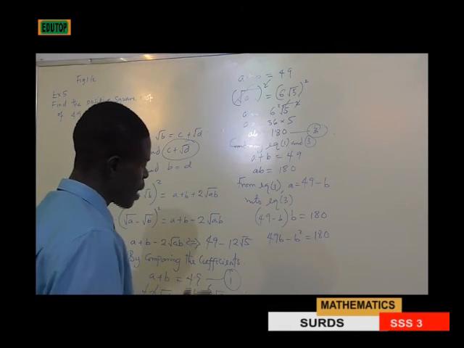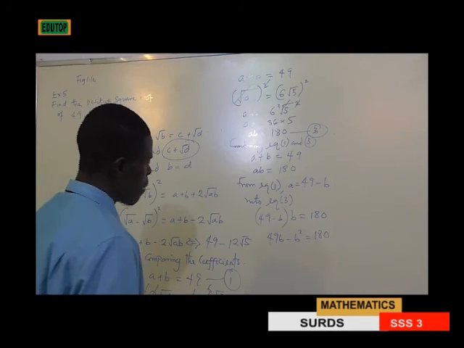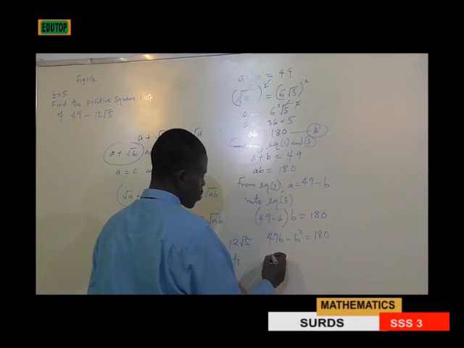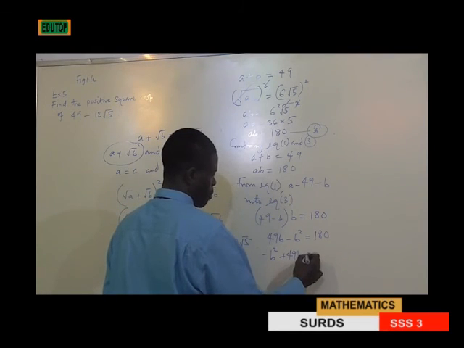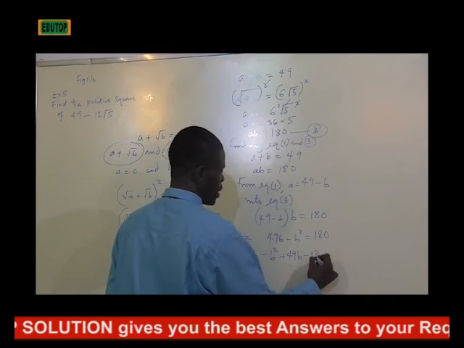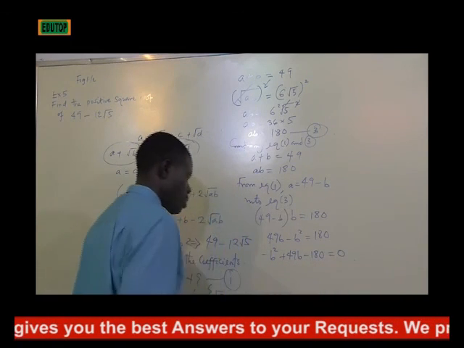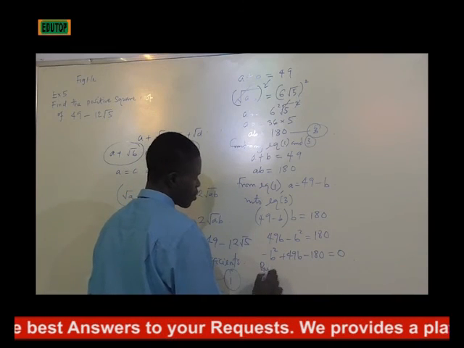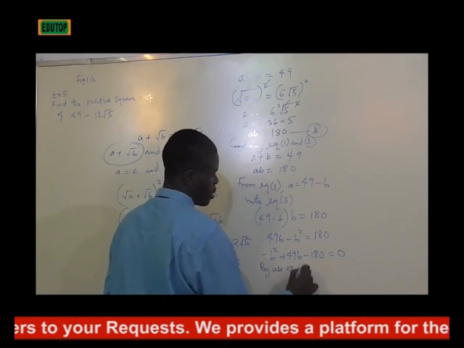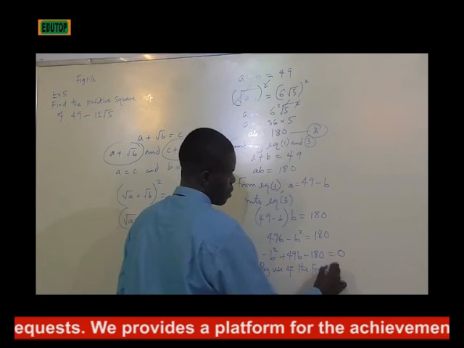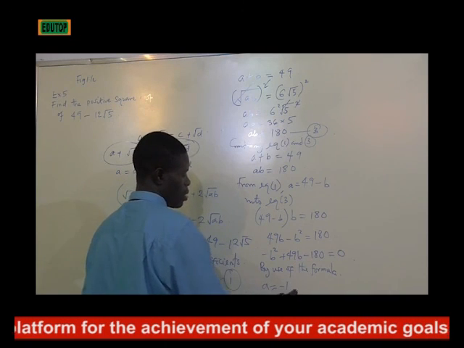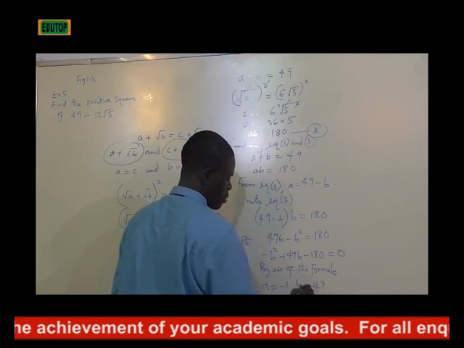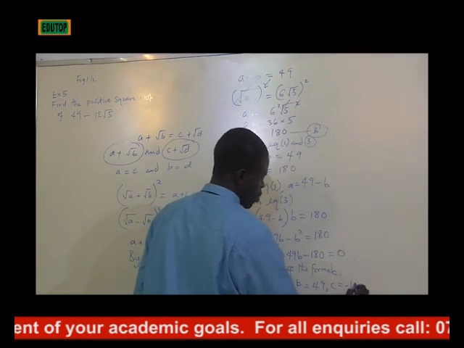So I can say that since I've discovered this, I can rearrange this such that I have minus B squared plus 49B minus 180 will definitely give me 0. So by use of the quadratic formula now, that means I'm meant to say that my A is minus 1, my B is 49, then my C will definitely be minus 180.